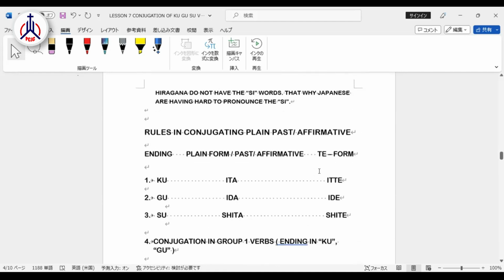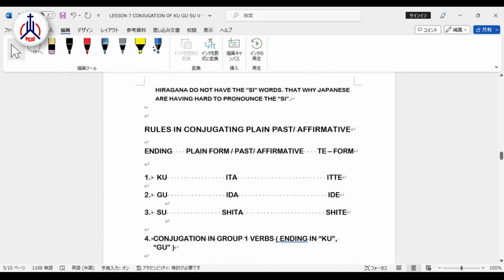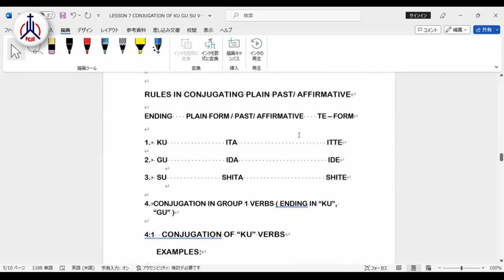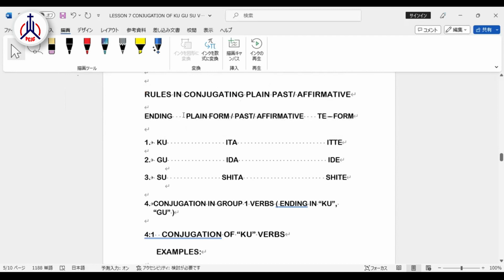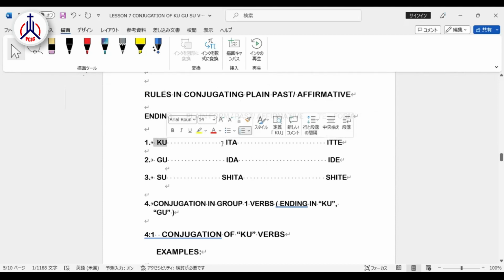Now we go to the conjugation of the plain past affirmative. If the verb ends in ku in the plain form, in the past affirmative the end of the word will become ita.